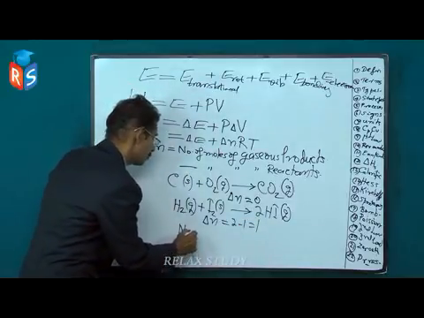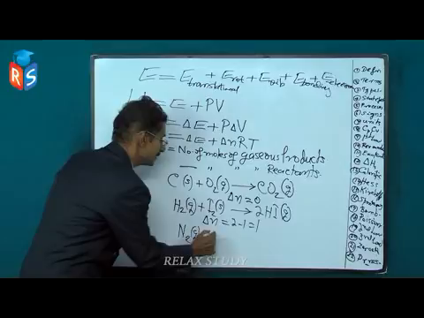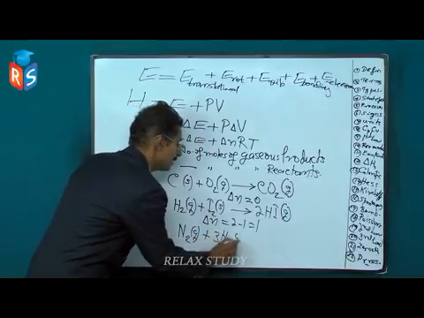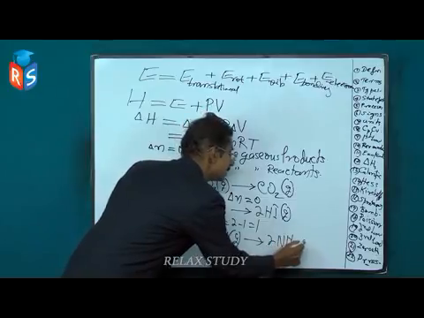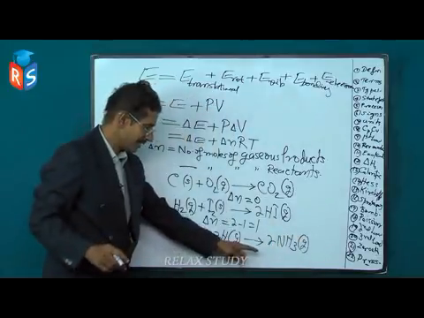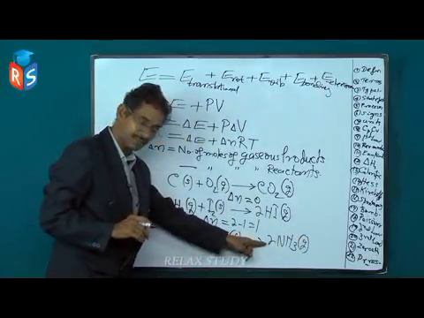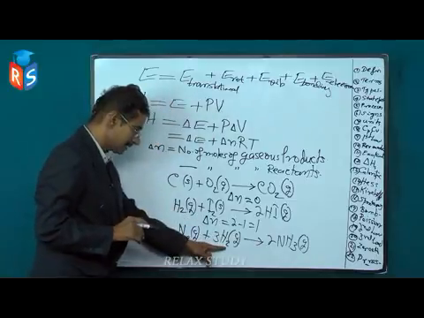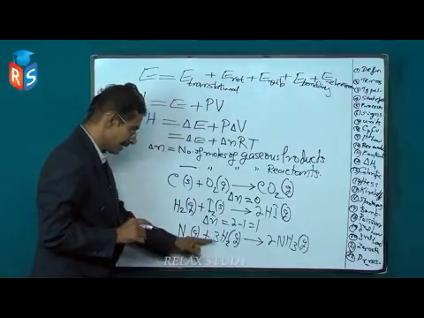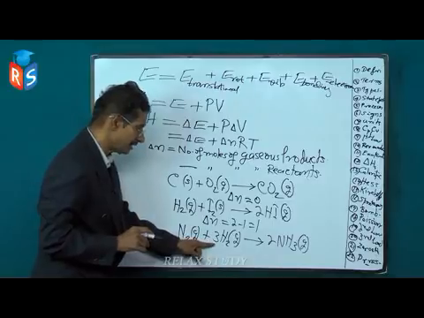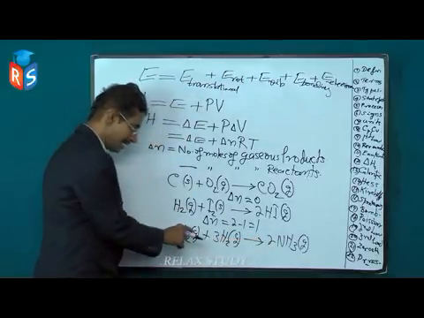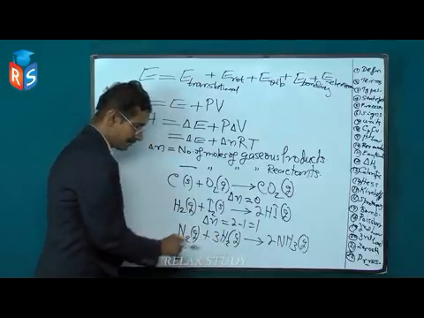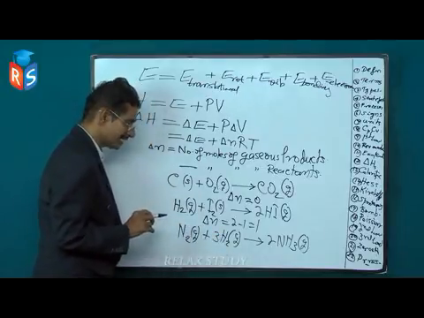If you think about N2(g) plus 3H2(g) giving 2NH3(g), obviously there are 2 moles of the gaseous product. Therefore, 2 moles of the gaseous products and 1 plus 3, 4 moles of the gaseous reactants.